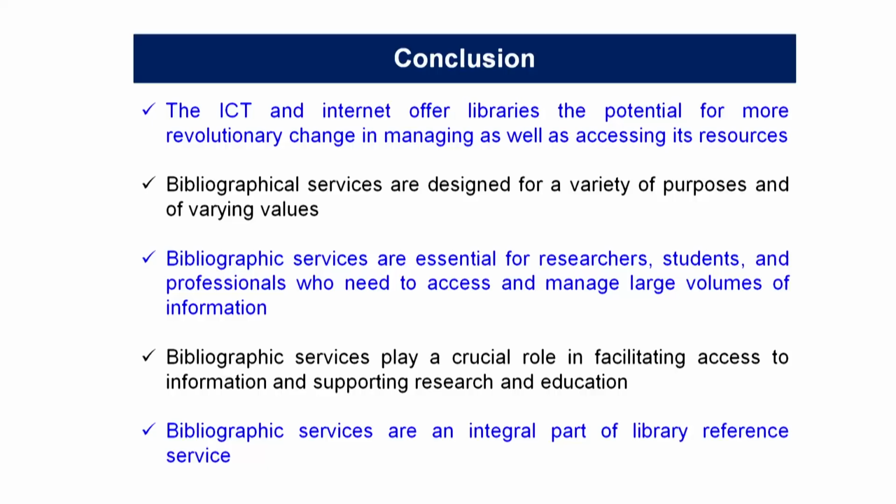But the services provided to a user are such that they can have any type of permutation and combination to get details in terms of indexing, abstracting, citation as well as visual or graphical representation, or any kind of analytical combinations can be performed using these databases.